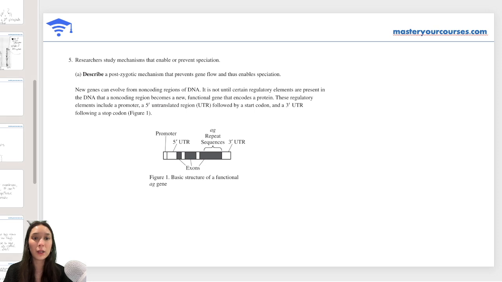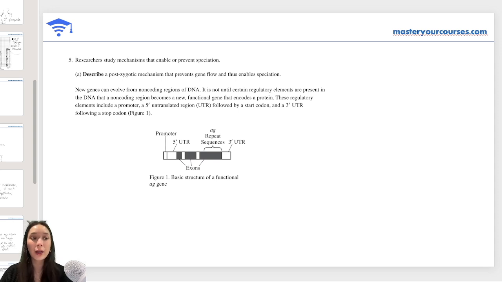Okay, so moving on to number 5, this one starts with a pretty basic question. It says, researchers study mechanisms that enable or prevent speciation. A says, describe a post-zygotic mechanism that prevents gene flow and thus enables speciation. Okay, so this is from our final unit, and post-zygotic would indicate that it is after the formation of the zygote.